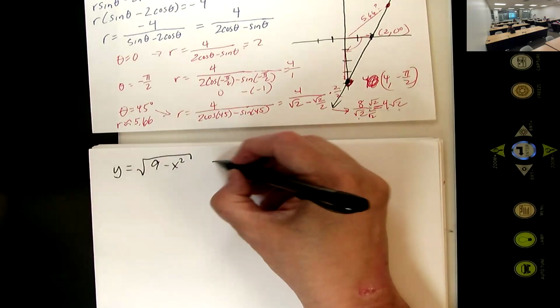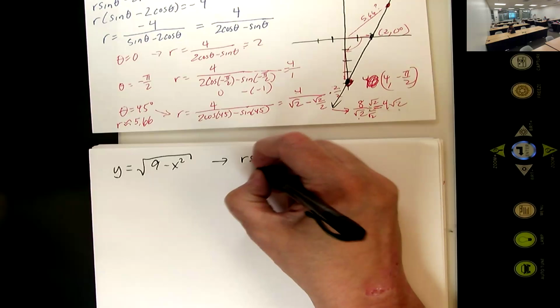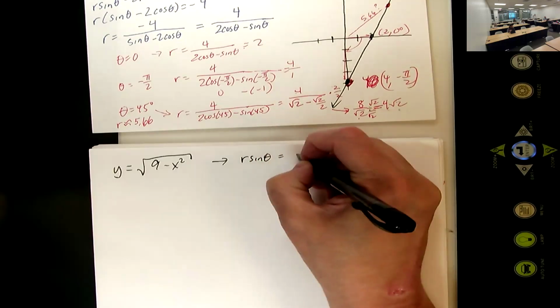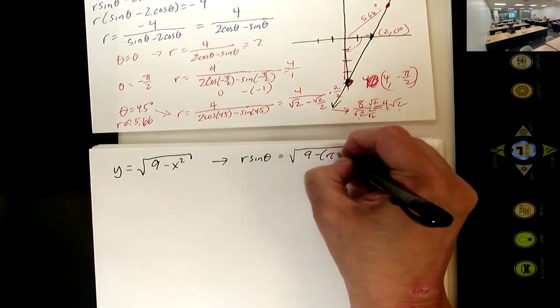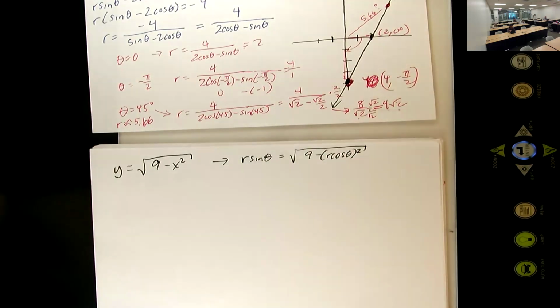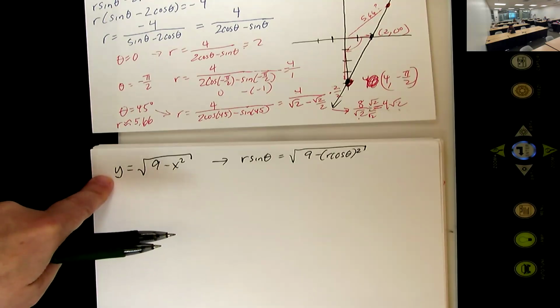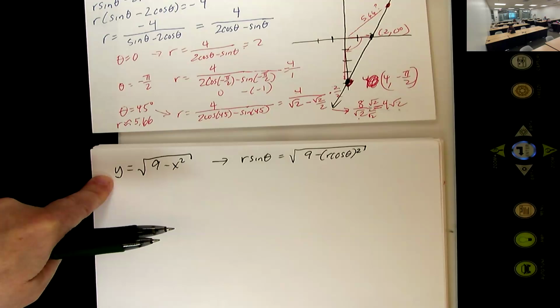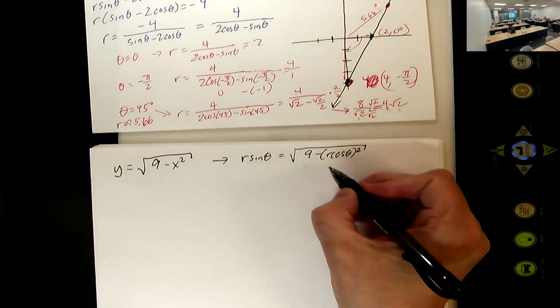If I convert this to polar, you're going to see how easy this is. We're going to have r sine theta equals the square root of 9 minus r cosine theta squared. This one, unless you know what this shape is, you kind of gotta make an x-y table, start plugging stuff in and figuring it out, right? It's going to be a lot easier when we switch to polar.